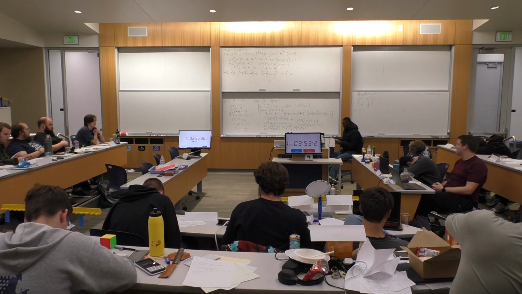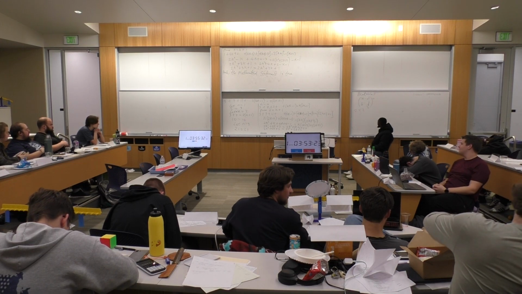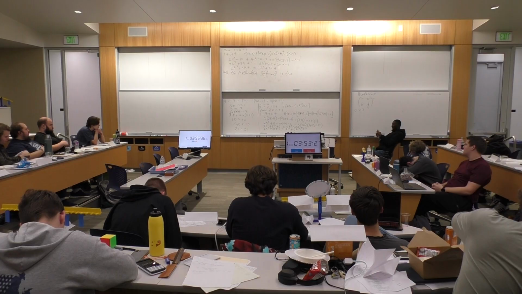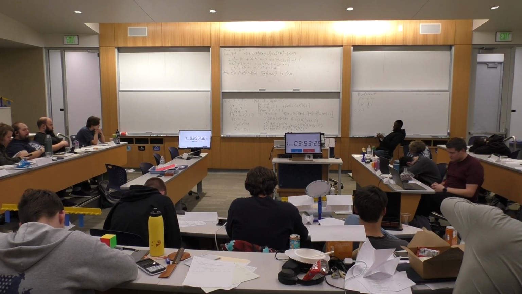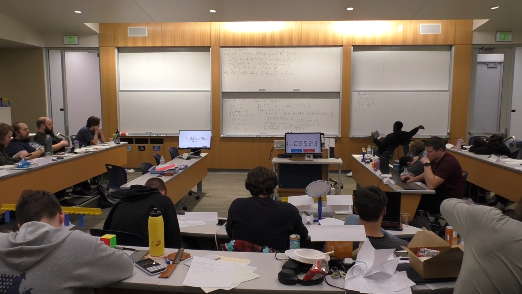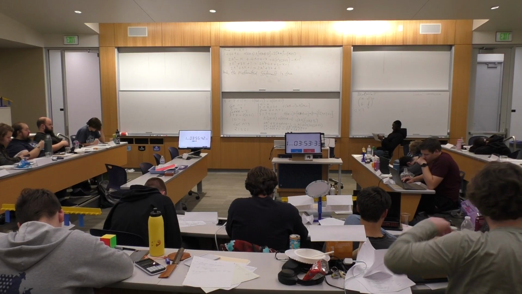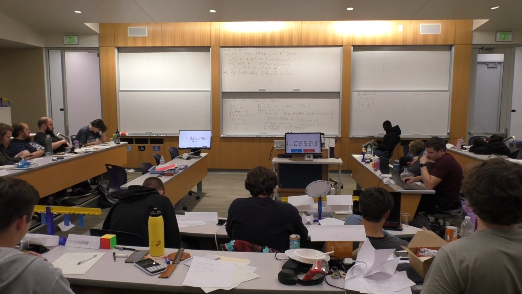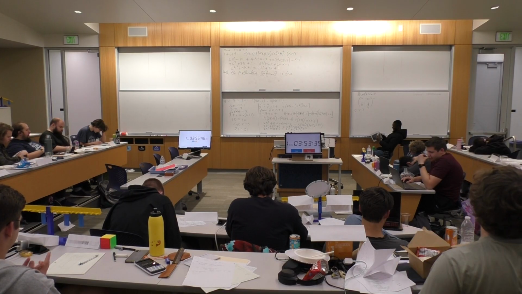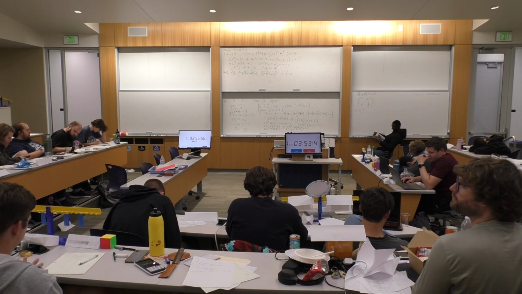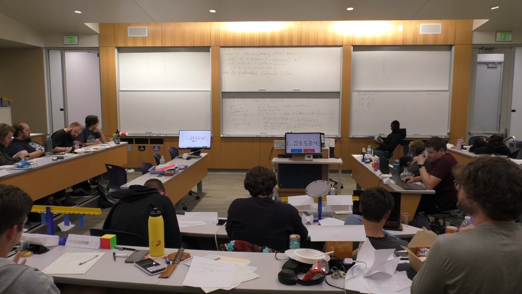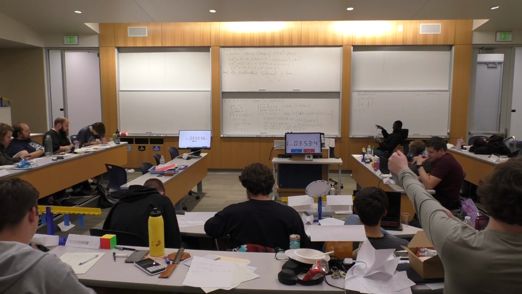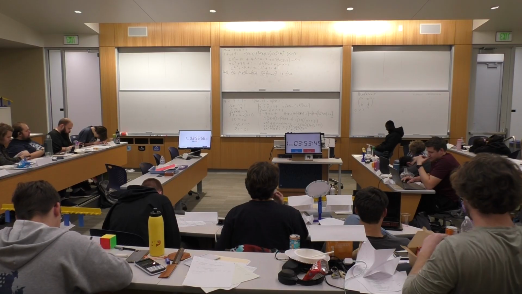So the horizontal array of numbers is called the row, while the vertical array of numbers is called the column. The dimension of a matrix is m times n, where m is the row and n is the column.